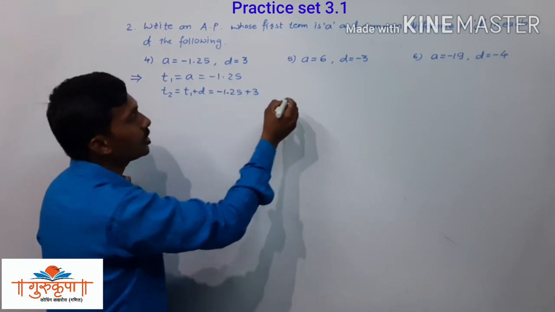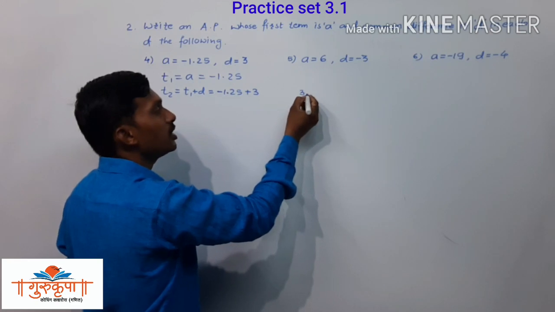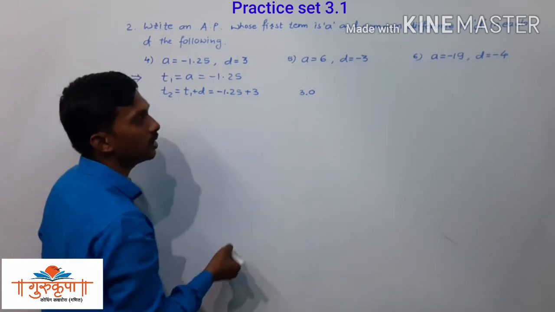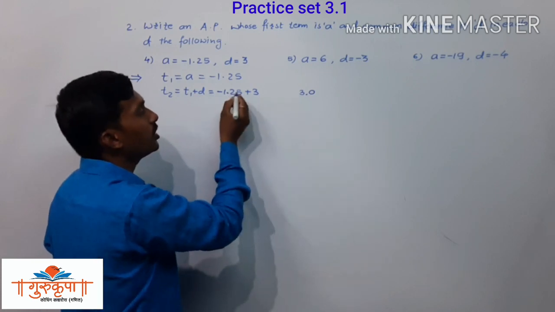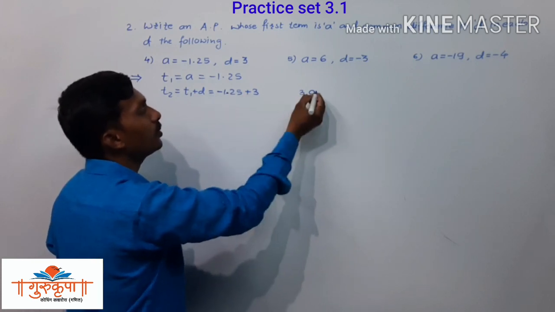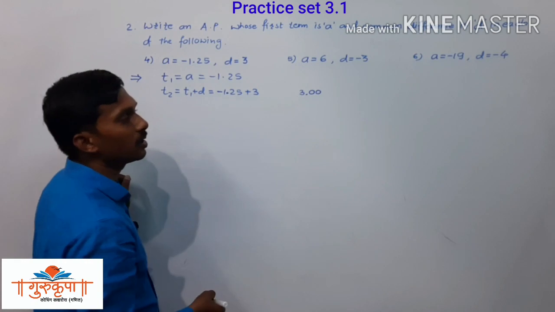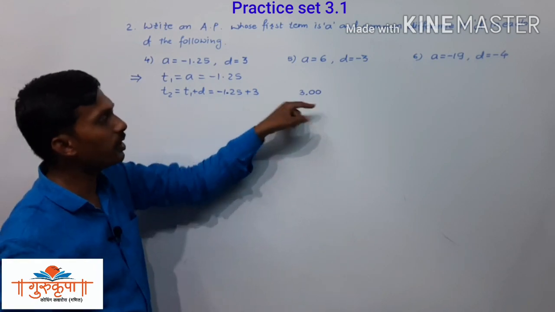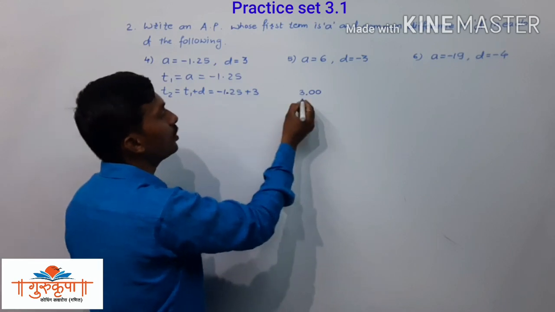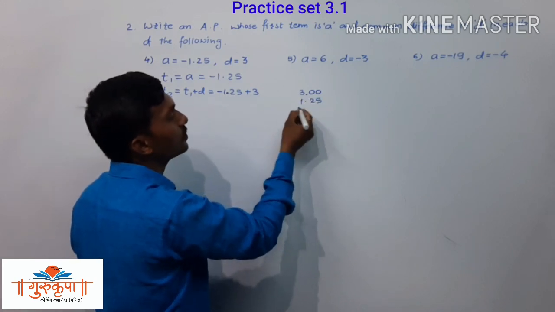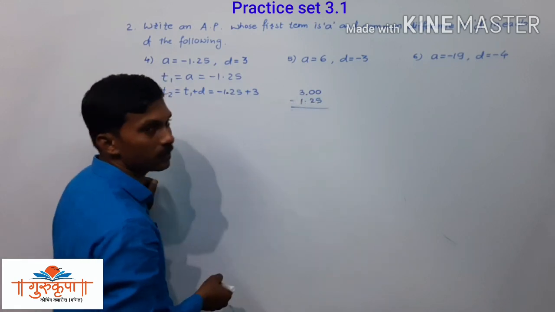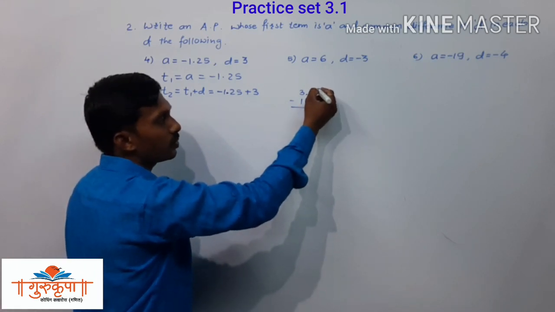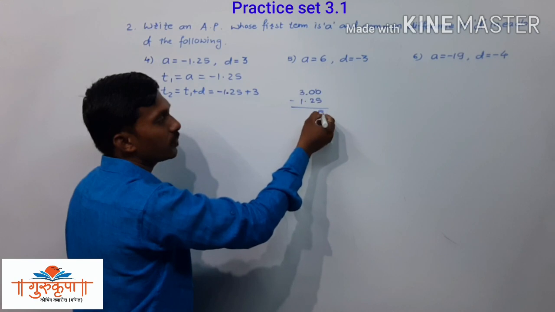Here the bigger number is 3. Decimal sign is not there, means we can take decimal sign after 3, and then we can put as many digits as there are after the decimal sign, 2 digits. So we take 3.00. This is 3 only, but we write it as 3.00. Now we have to subtract 1.25 from it. Since we cannot subtract 5 from 0, we have to borrow 1, that is 10 minus 5 is 5.